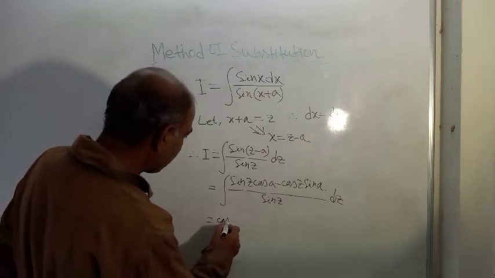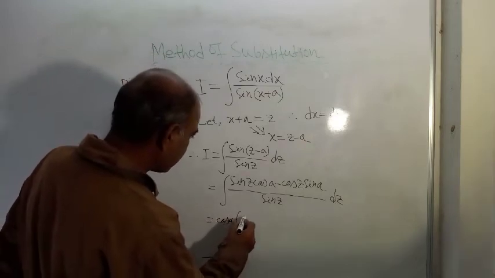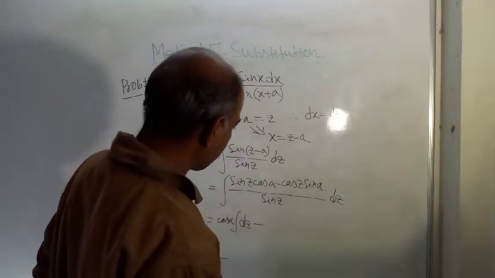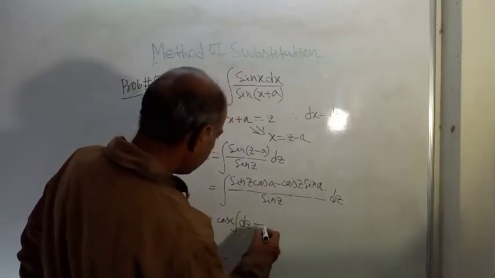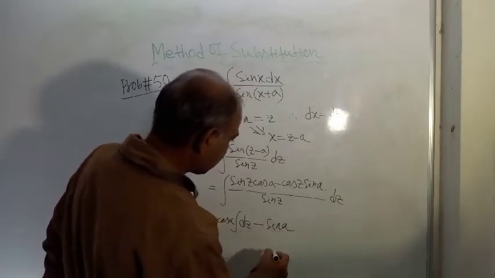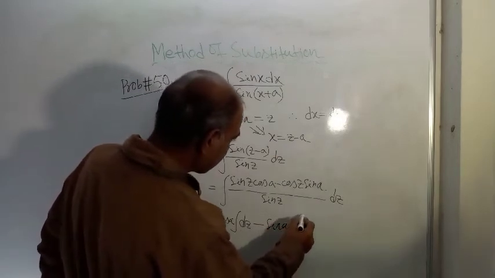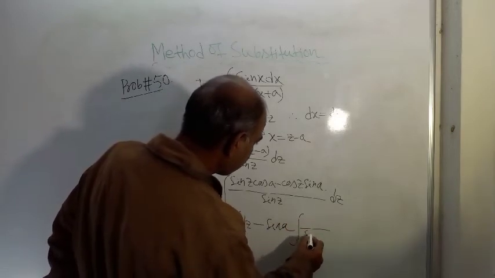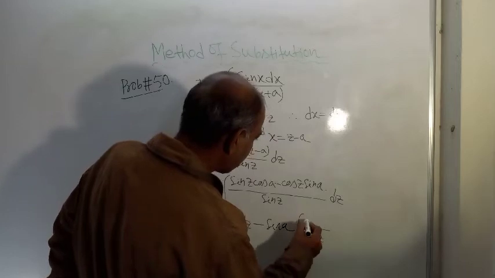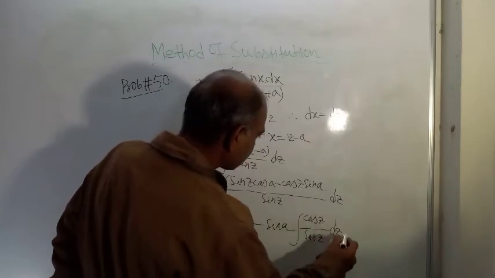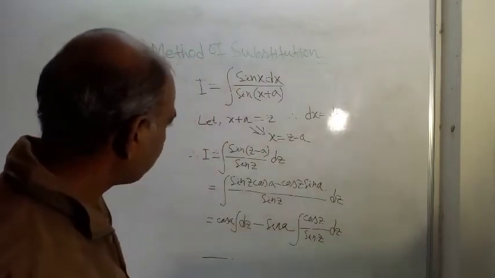So cos a times the integral of dz minus sin a, which is also a constant, times the integral of cos z by sin z dz.